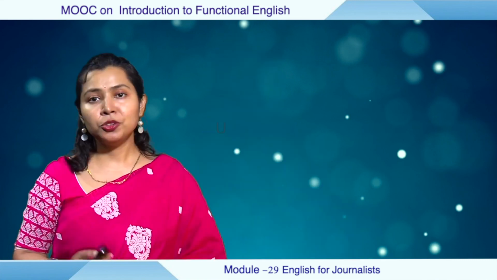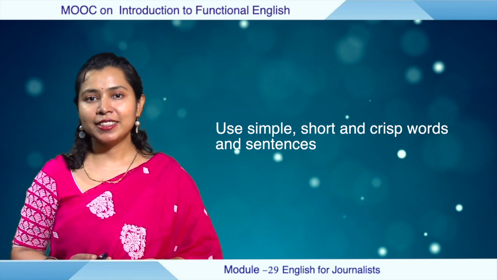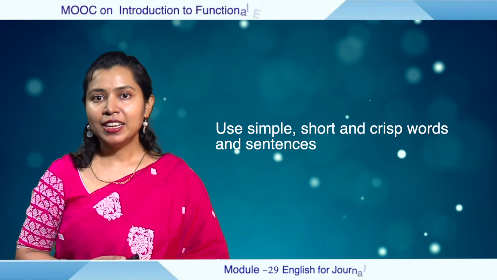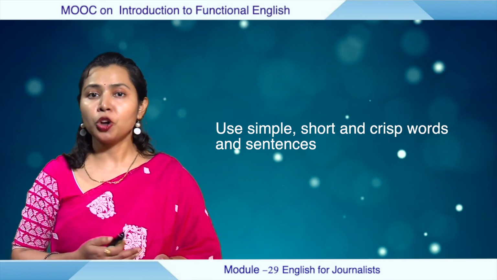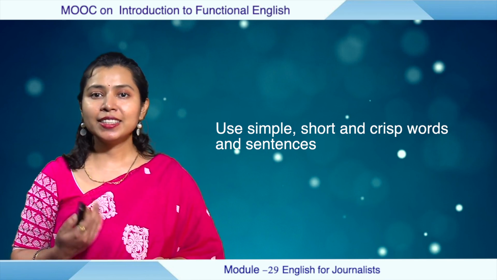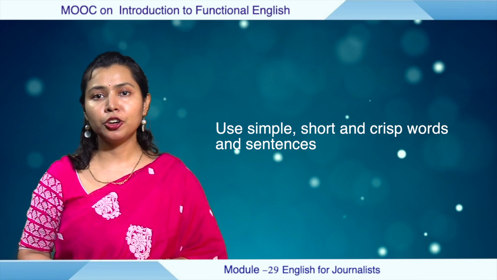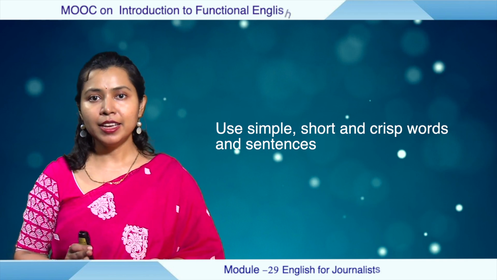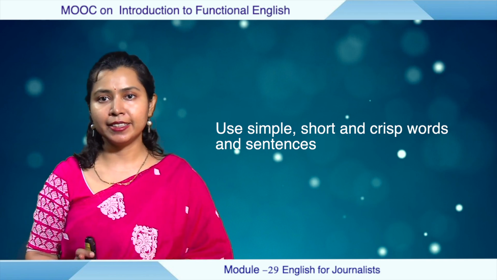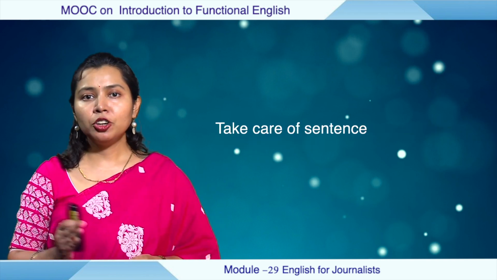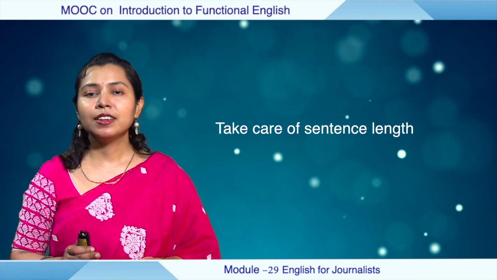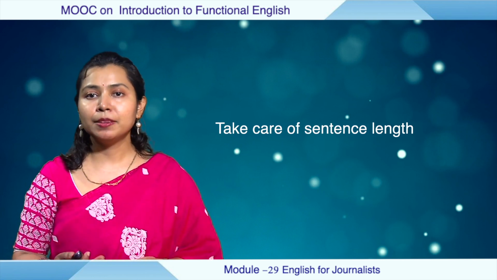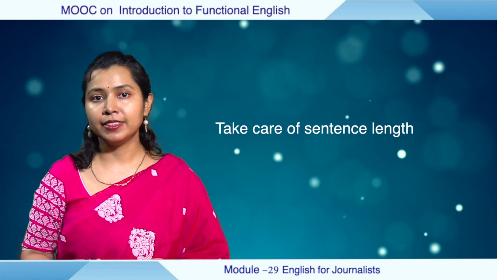So you have to use words and sentences which are very simple. The sentences should be very short and crisp. It is suggested that a journalist should not use more than 20 words in one sentence, except in some special cases. The length of the sentence determines its understandability.